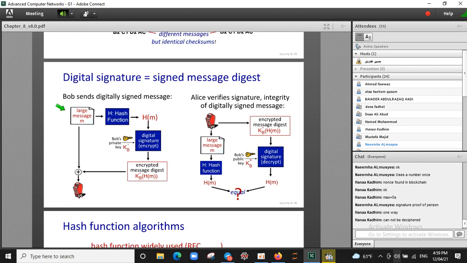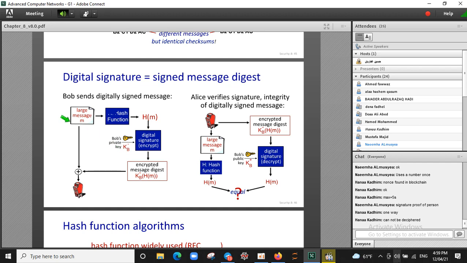So I'm using a strong hash function. When someone tries to send a message, firstly, he should use a hash function to create his hash, and then that hash would be encrypted by the private key.